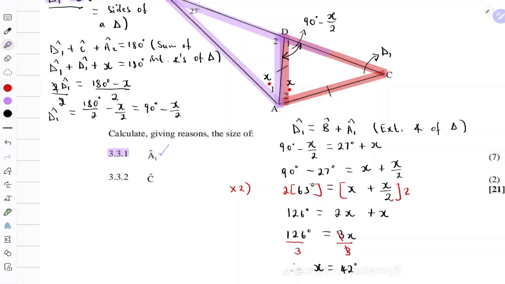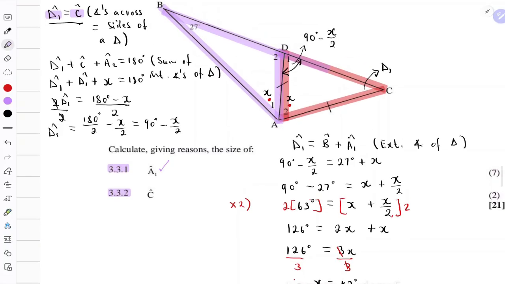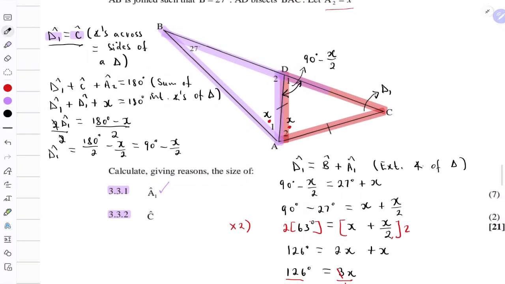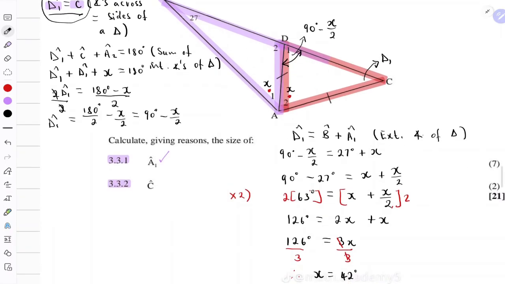So the next question says we need to find the size of C, giving reasons. We saw earlier on that D1 is equal to C. The reason is angles across equal sides of a triangle.